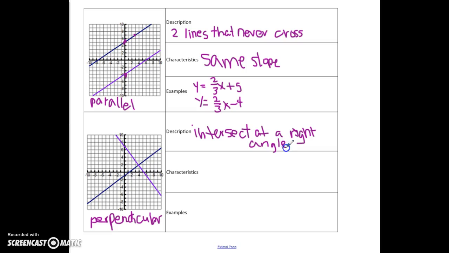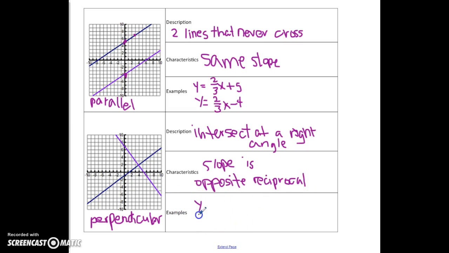Characteristics, remember those slopes are opposite reciprocals. And we're going to write the equations of these two lines as our example.